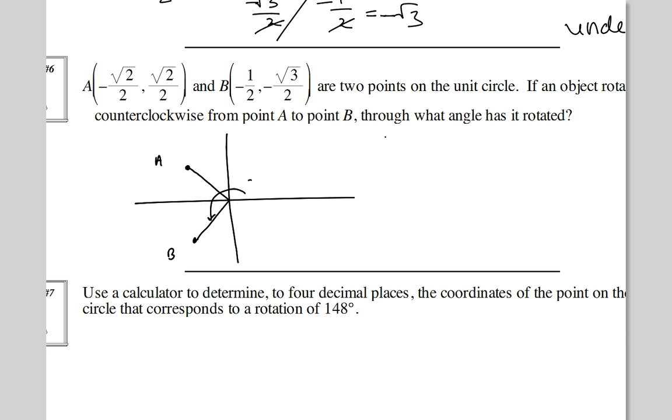So this one's 240, and what was this one? 135. And then it says, what angle has it rotated? Okay, so just back it up from 240 to 135, and you'll get through what angle it rotated. They're just looking for this rotation here.